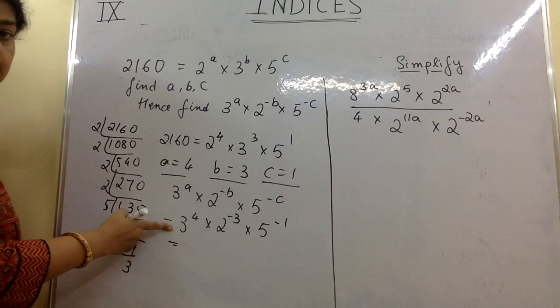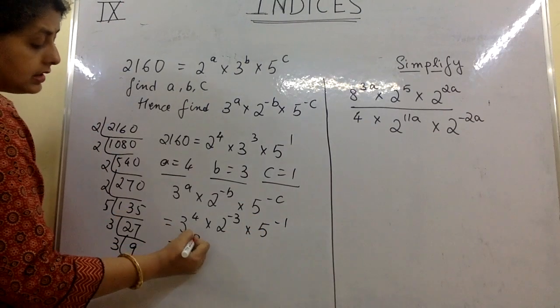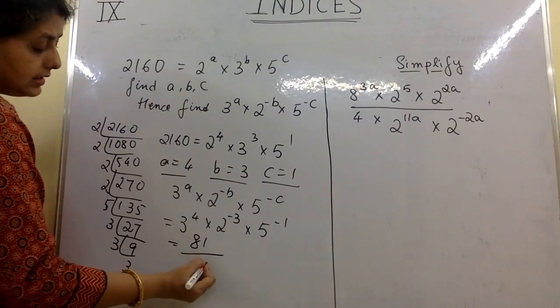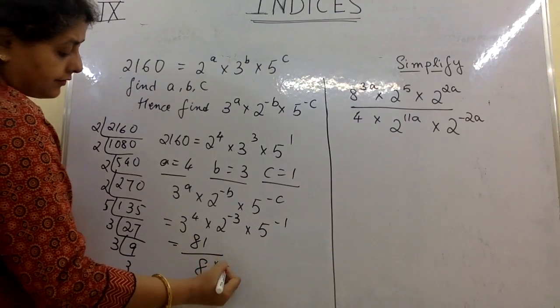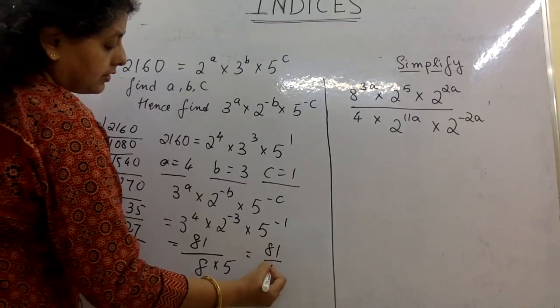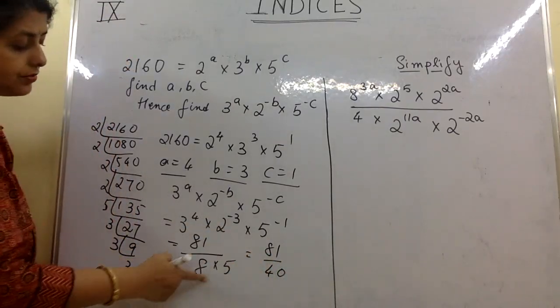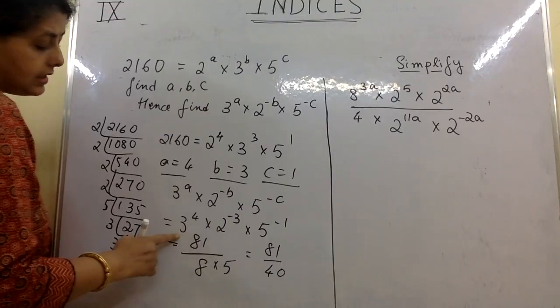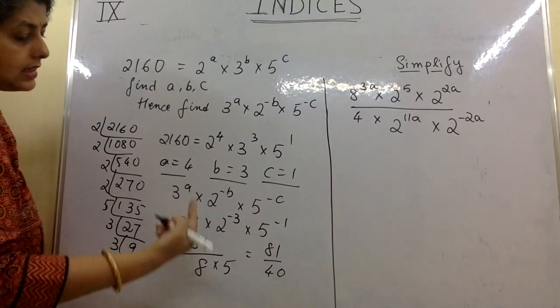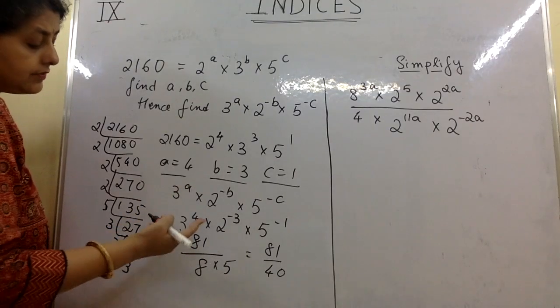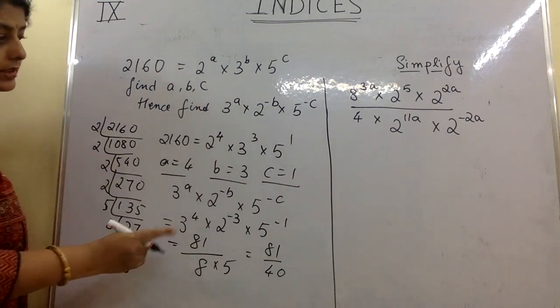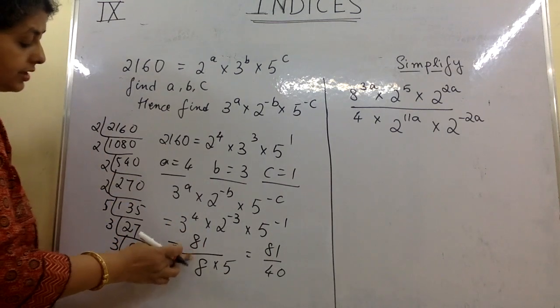That is 9 into 9, 81, 81 by 8 and 5 here, 81 by 40. This comes down 8, 5 comes down, and 3 into 3 is 9, 9 into 3 is 27, 27 into 3 is 81. So as you do more practice, you'll start remembering these things.